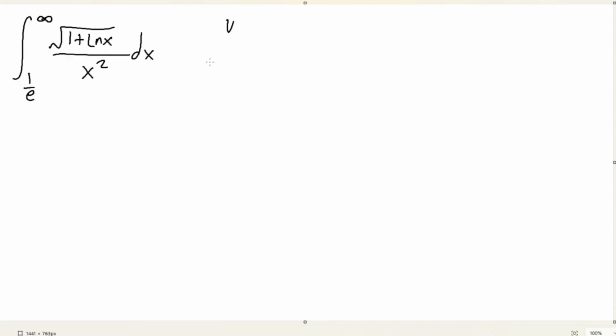Let u equal the square root of 1 plus ln of x. Then we get u squared minus 1 and e to this whole thing. And then, let's see, yeah, this should equal x.